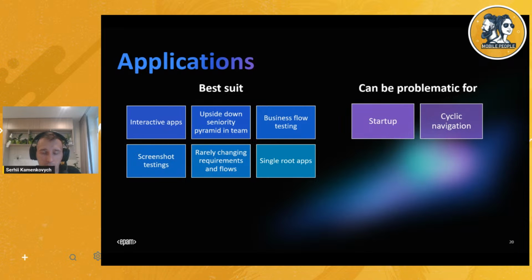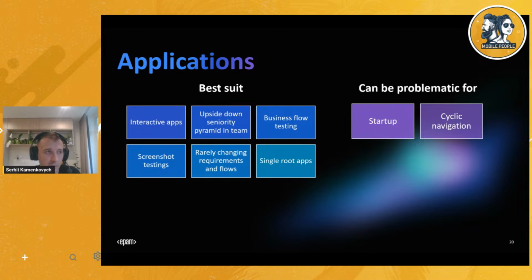Another one is when you have a cyclic navigation. So, for example, if you imagine some retail store app where you have one category, then you go down to some subcategory, then you open the product. From it, you can go to another category where this product is located, and to its parent category and like that.